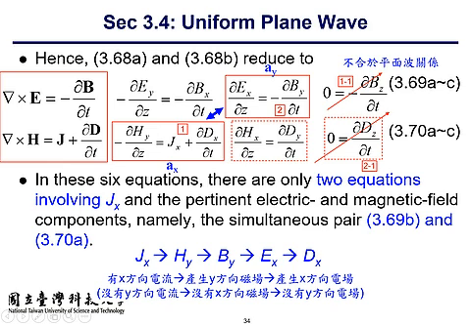So the magnetic field intensity H, or magnetic flux density B, shall be in the y direction. It shall be in the y direction.